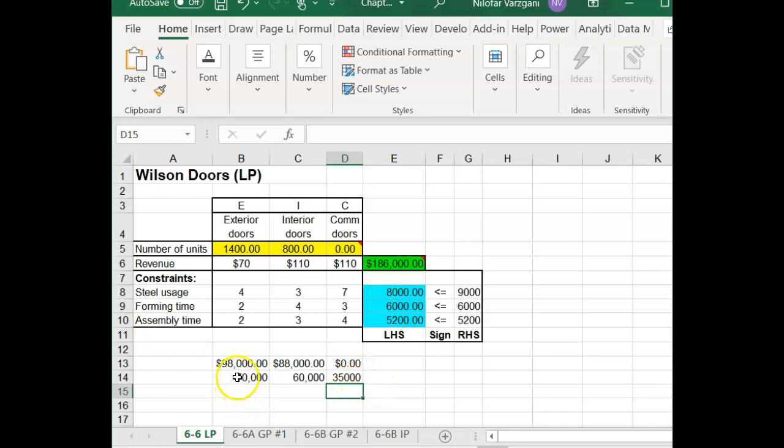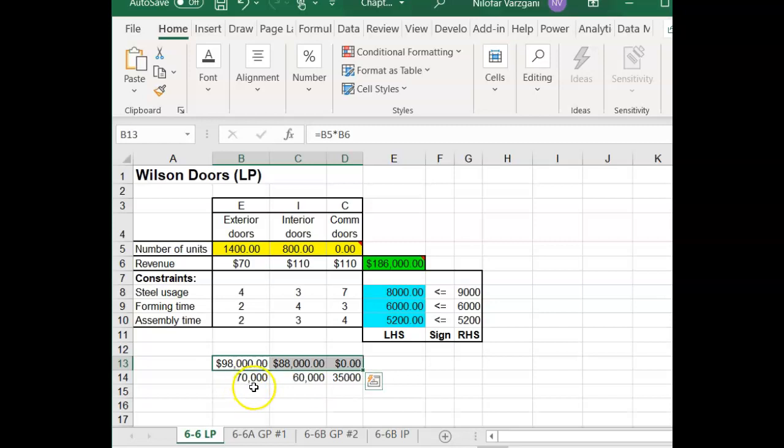Now, these three numbers for the goal targets, think of them as arbitrary numbers. It doesn't matter how we got them out of these 98, 88, and 0, but think of them as targets which are set to be lower than the solution from your LP problem, because we all know that when we increase constraints and restrictions, the ability to achieve all of those targets may not be there.